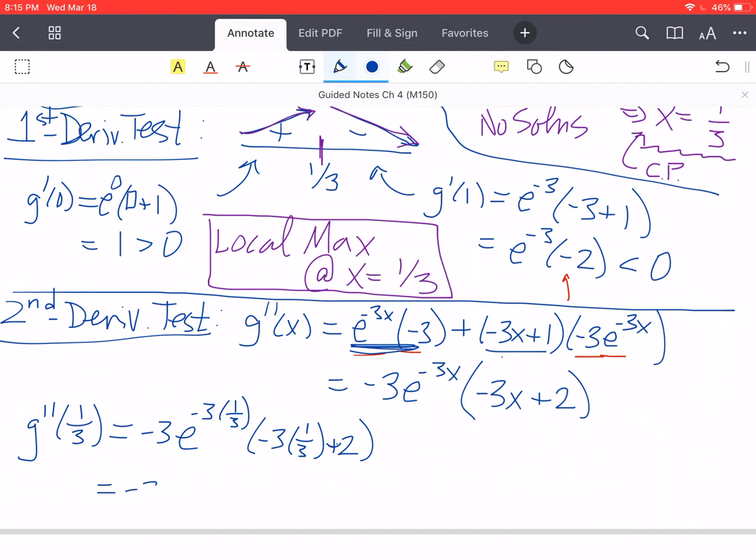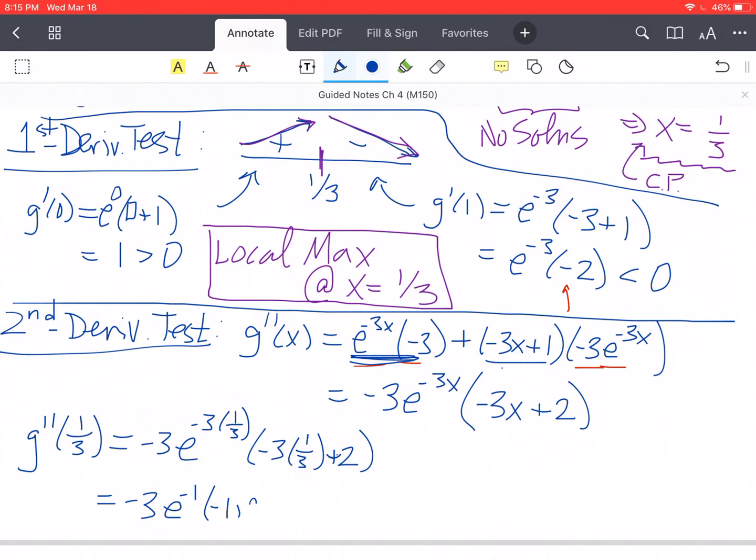So that is negative 3 e to the negative 1 times negative 1 plus 2. So that's just negative 3 over e, right? If I just turn e to the negative 1 into 1 over e, which is a negative value.